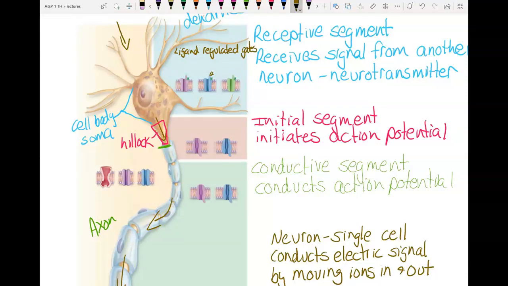Ligand means that they open when something binds to them. This little green triangle here, that is the neurotransmitter. Neurotransmitters and hormones are ligands. So ligand regulated gates open when a neurotransmitter binds to them.